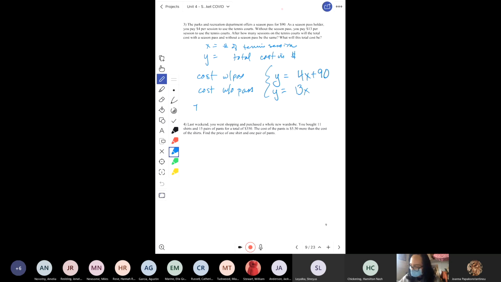It's 10. The cost will be the same for 10 sessions, right? Is that what you said? And how much would that cost be? $130.